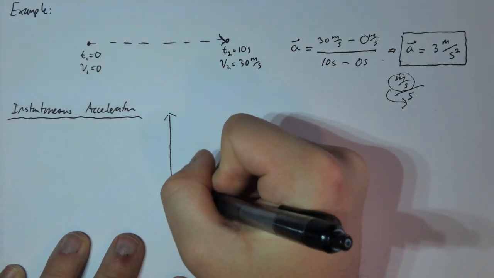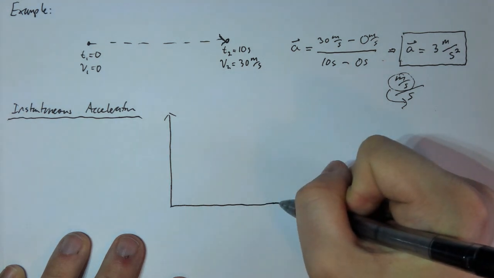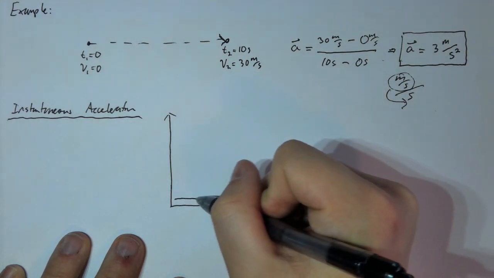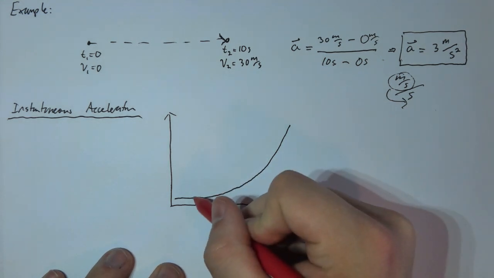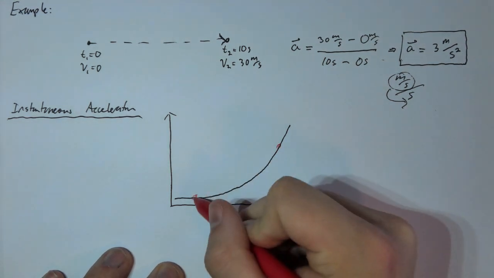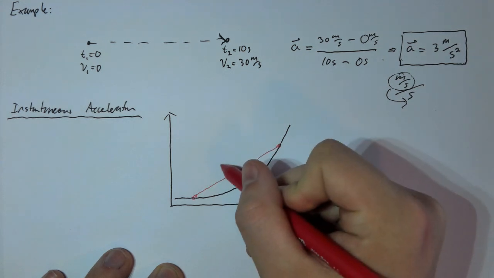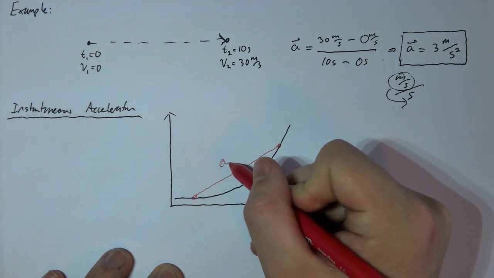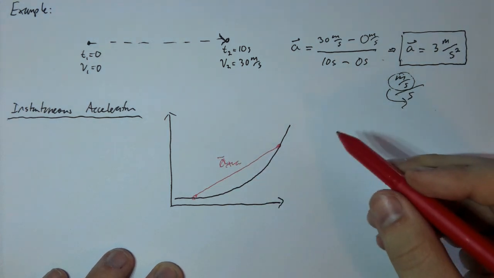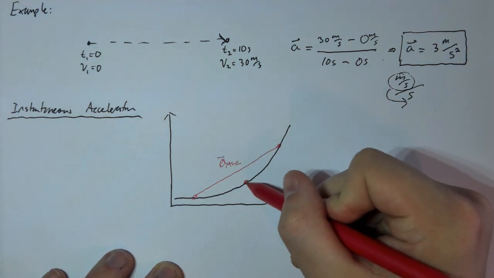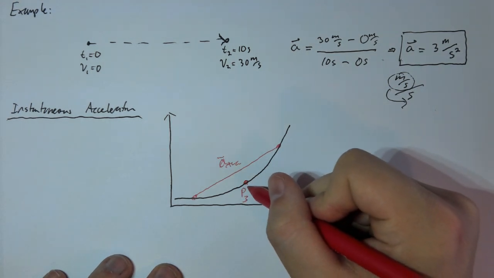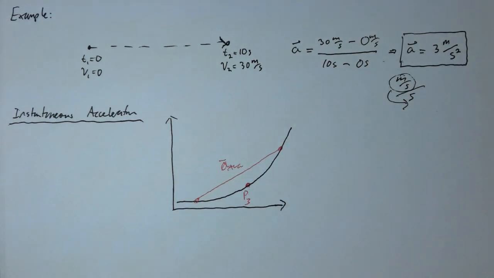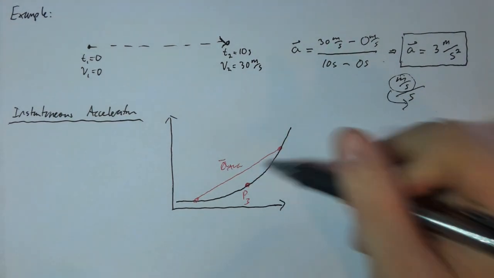So if I draw a graph, and we have some curve, and this is all exactly the same as for velocity. You could have your average velocity between some 2 points here. Sorry, I keep saying velocity. Acceleration, average acceleration.